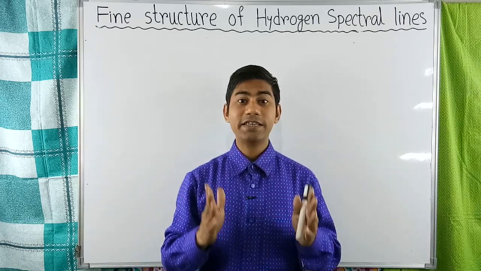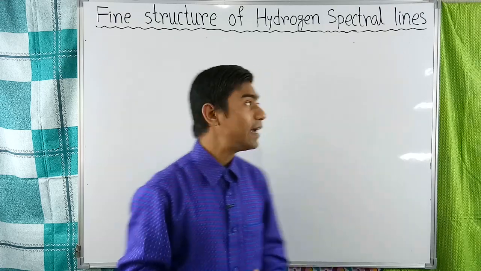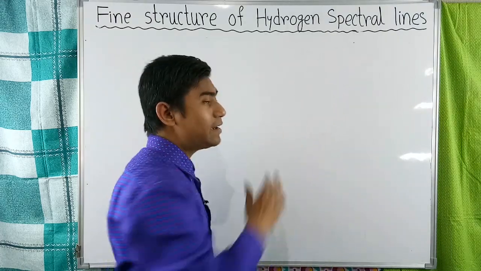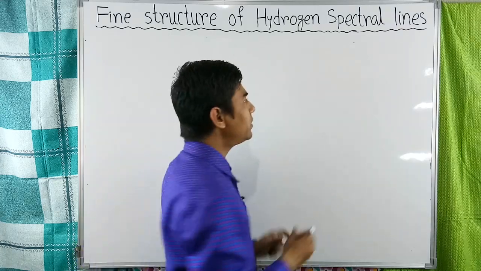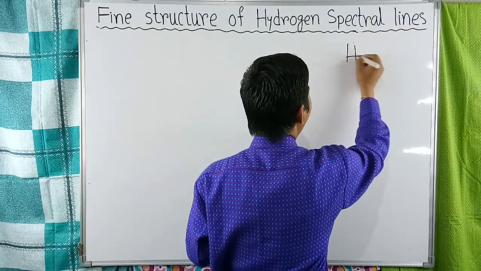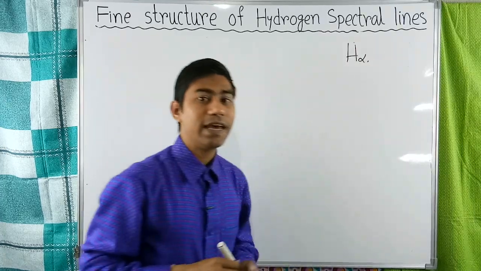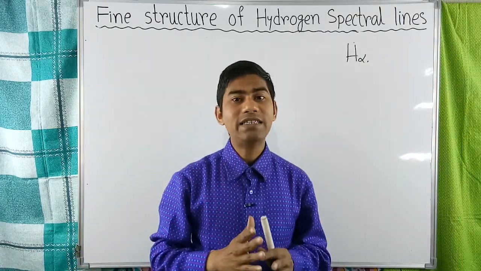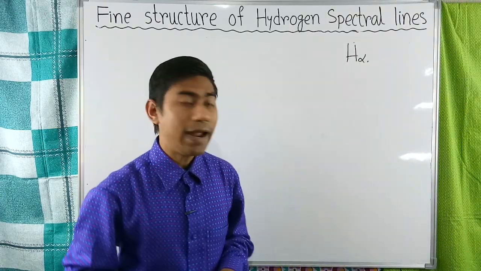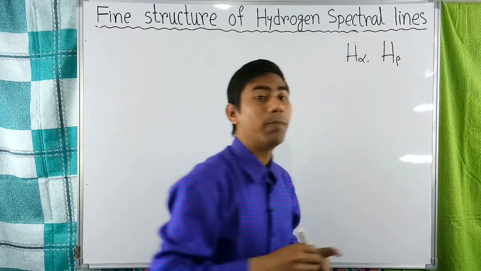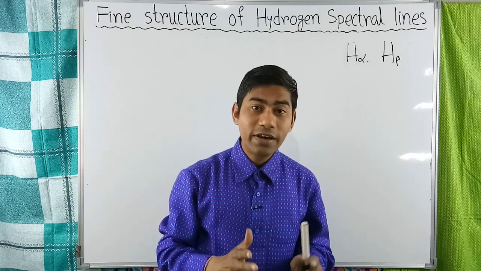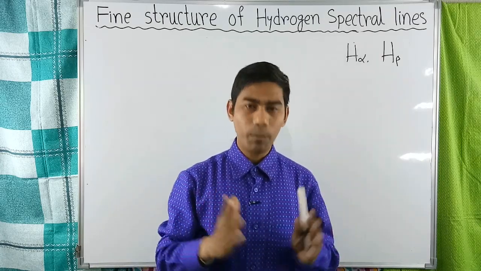This fact is expressed by saying that hydrogen spectral lines have fine structure. For example, the H-alpha line of the Balmer series has 5 fine structure components and the H-beta line of the Balmer series has 7 fine structure components.